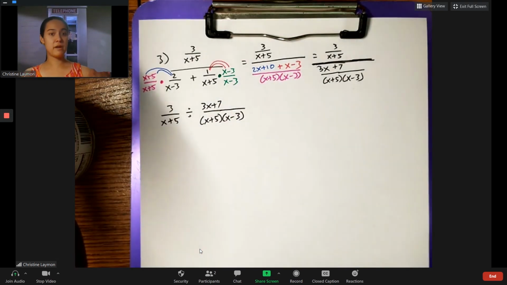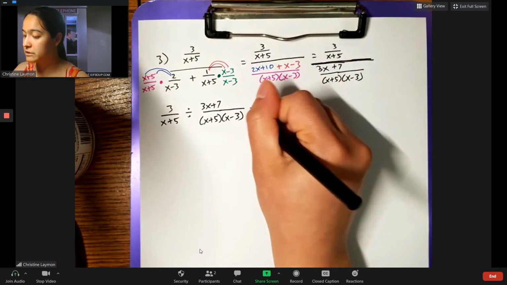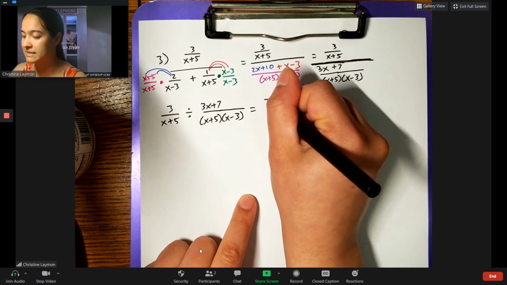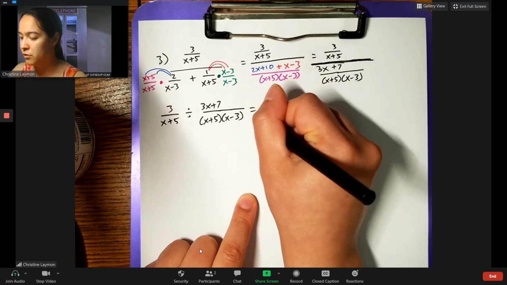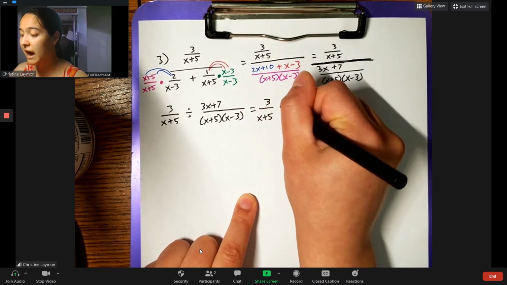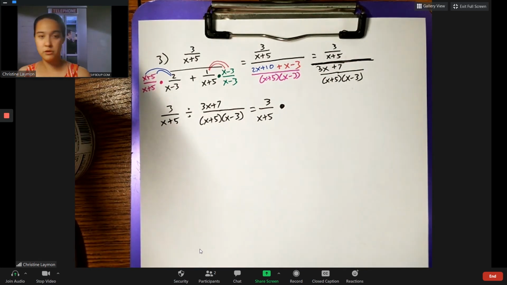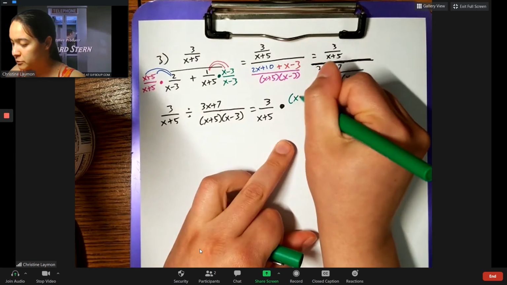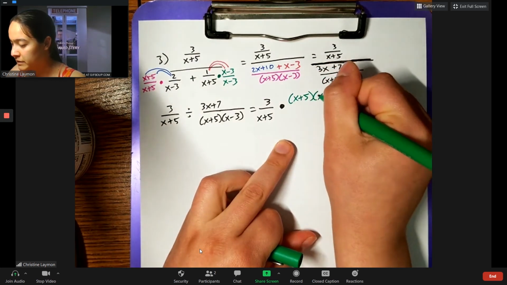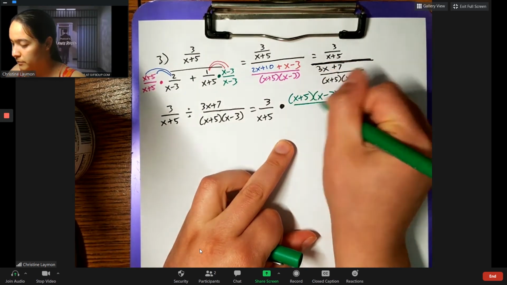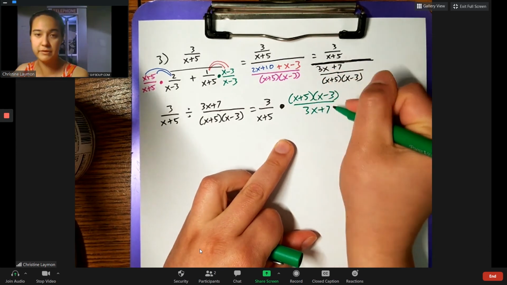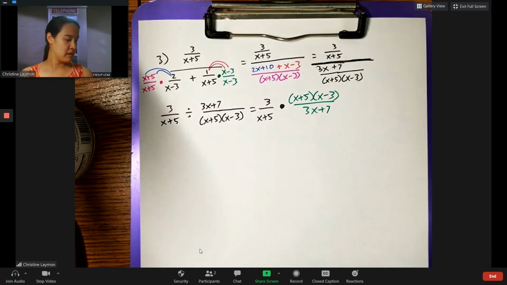And remember, dividing by a fraction is the same thing as multiplying by the reciprocal of that second value. So 3 over (x plus 5) times, again, these are now ready to switch. So in the top, I now have (x plus 5)(x minus 3), and in the bottom, I have 3x plus 7. Alrighty, let's cancel out whatever they have in common.